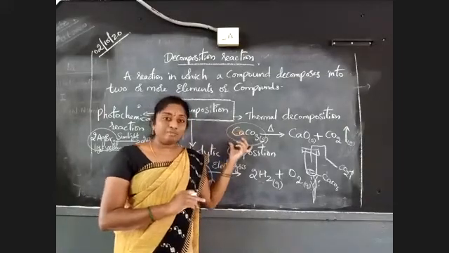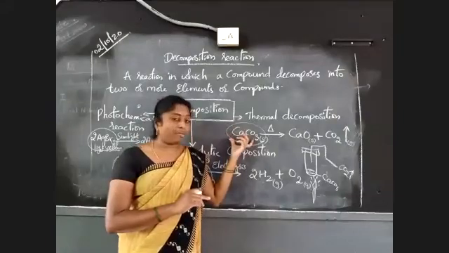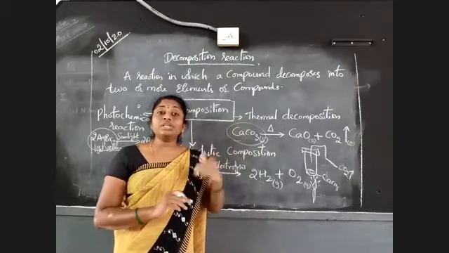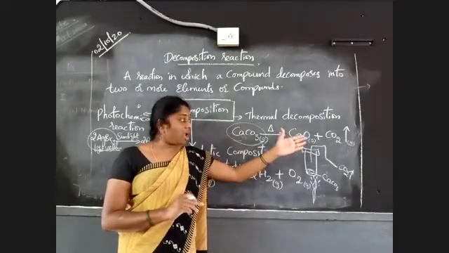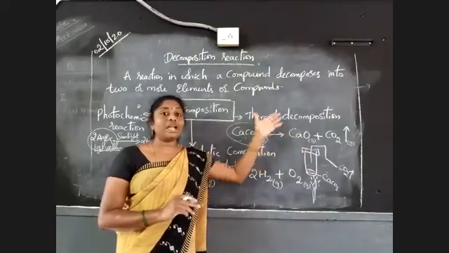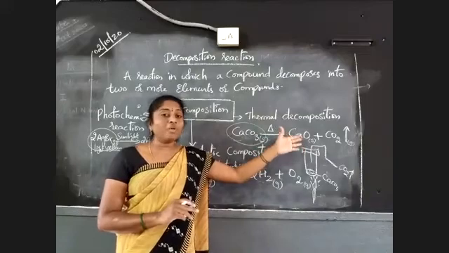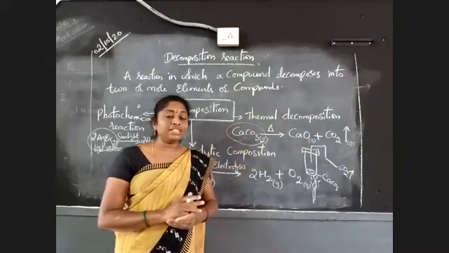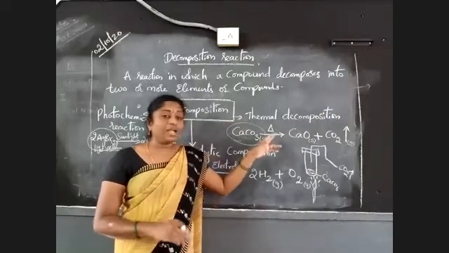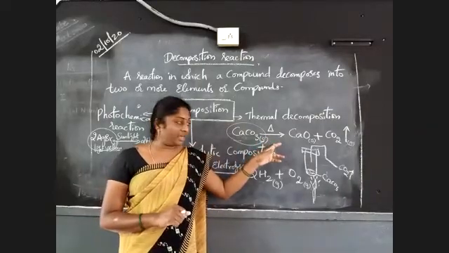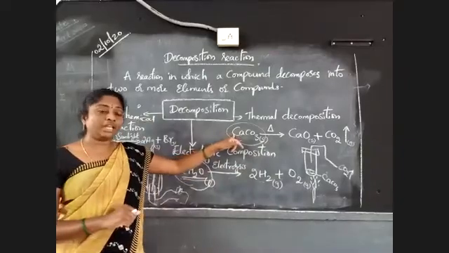When you pass heat to calcium carbonate, it decomposes into calcium oxide plus carbon dioxide. How can you say that carbon dioxide is liberated? When a flame is put off, you can understand that carbon dioxide is liberated. So this is about thermal decomposition.